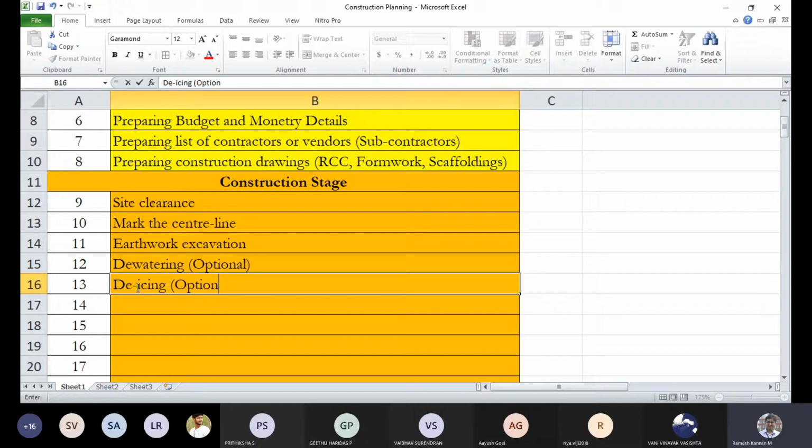So the frost action can be removed by brine solution, something like that. They use it, but this is not our paradigm. But understand this is an optional thing. Then we talked about dewatering.